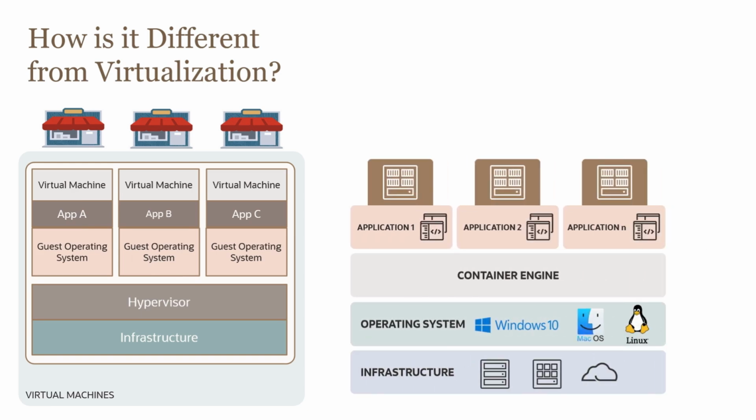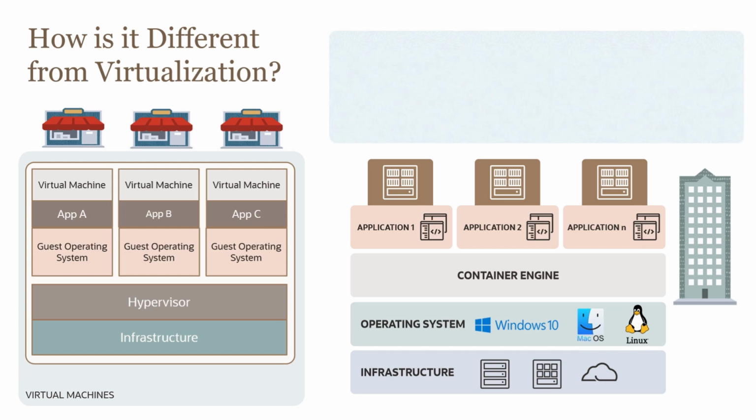Now let's shift gears to containerization, the modern day superhero. Imagine a high rise building where each floor represents a container. These containers share the same building or host operating system but have their private space or isolated user space. Here's the magic, they are super lightweight, don't carry the extra baggage of a full operating system, and can swiftly move between different floors.